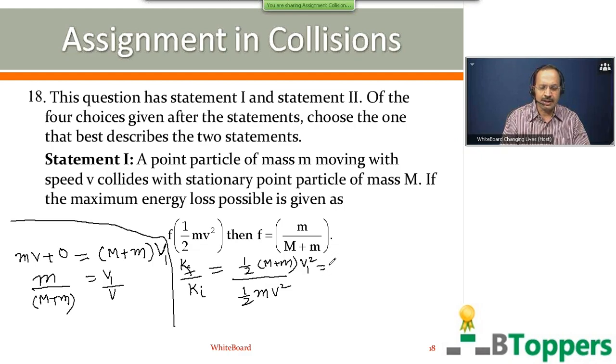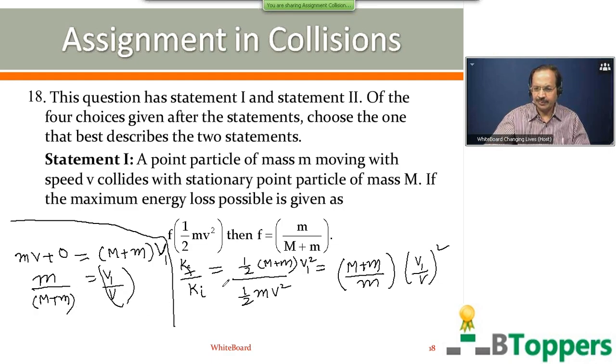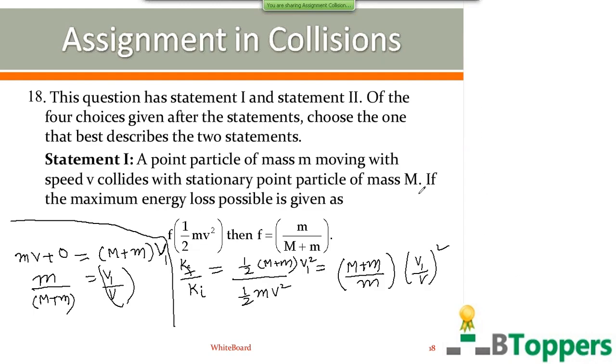This problem is similar to the calculation we discussed in the ballistic pendulum. So Kf by Ki is capital M plus small m by small m into v1 by v whole square. We can substitute v1 by v equal to small m by capital M plus small m from this equation into this equation.